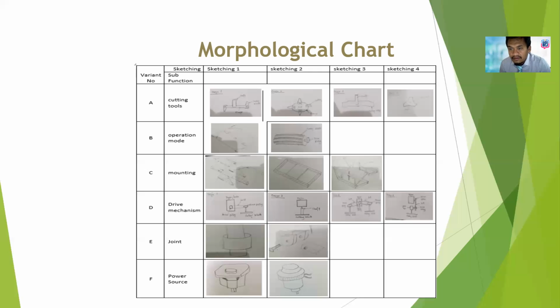And sketch number four has three surfaces, a cutting tool or plate, to cut the grass.